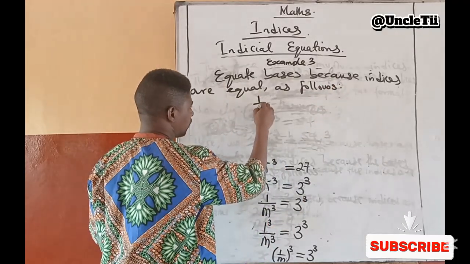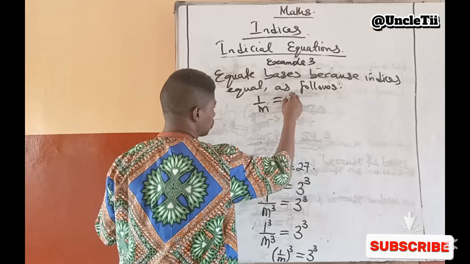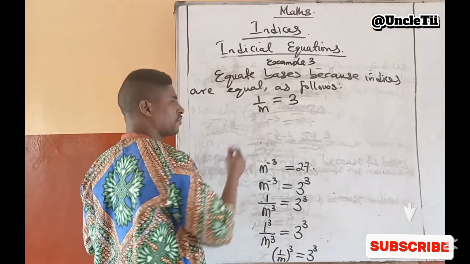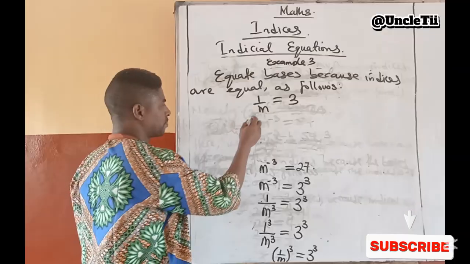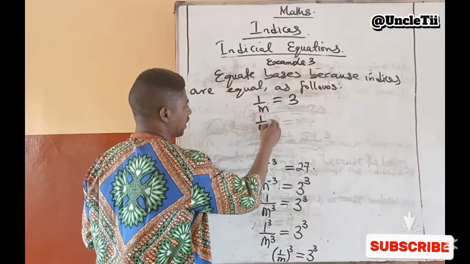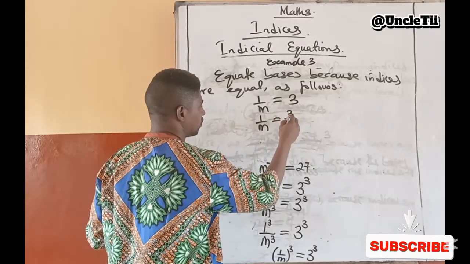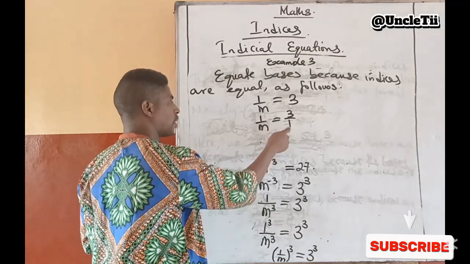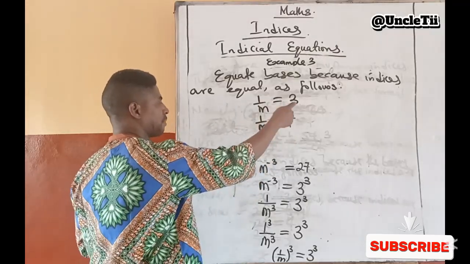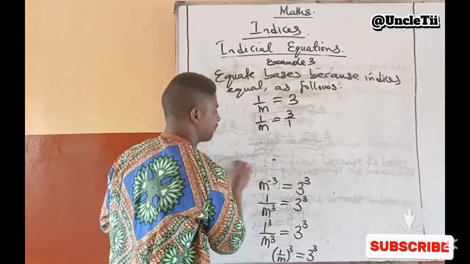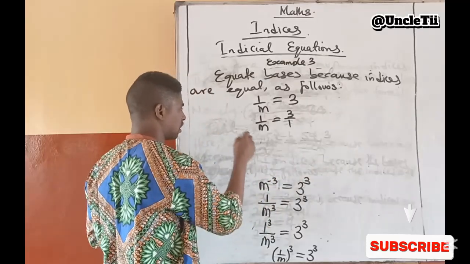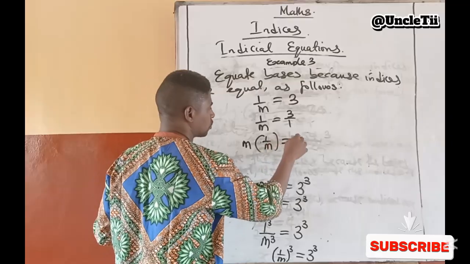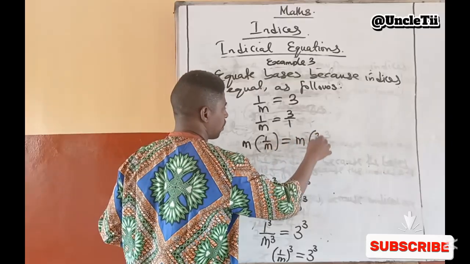That will give us 1 over m equal to 3. We are looking for m, not 1 over m. So to simplify further, 1 over m is the same as 3 over 1. LCM of 1 and m is m. So multiply here by m and multiply there by m. That will give us m times 1 over m equal to m times 3 over 1.